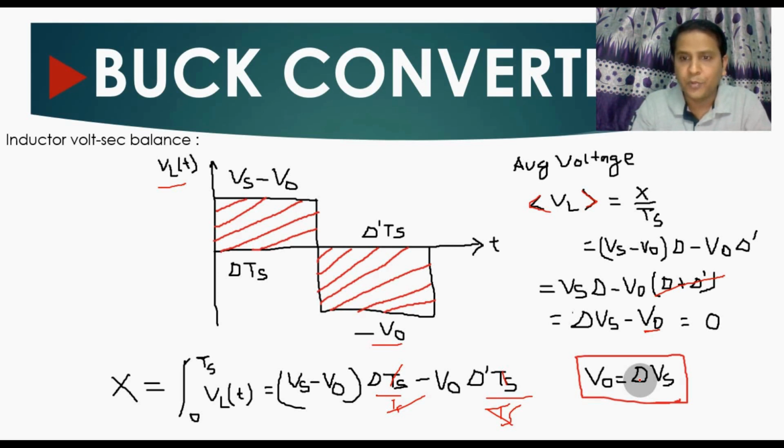So your output voltage of the buck converter directly depends on the duty cycle times your input voltage, or your source voltage. So hope you understand what inductor volt-second balance is, how you find the output voltage for your buck converter, and how you derive the transfer function for your buck converter, right?